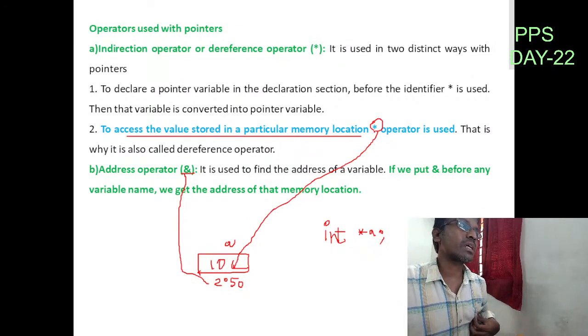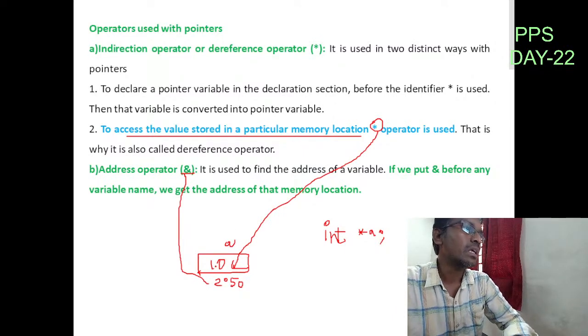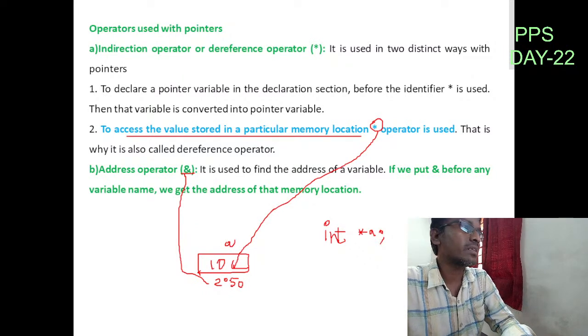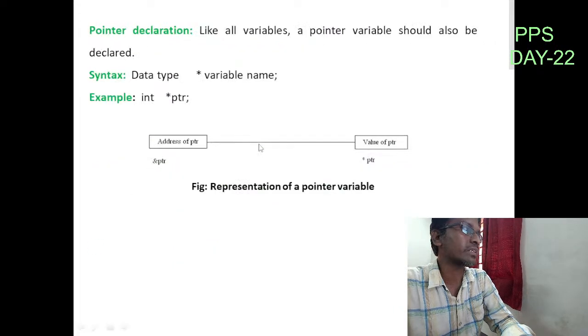I hope you understand what I am saying. With the help of the star operator, you can display the values of variables, and by using the address operator, you can display the computer memory address. That is the difference between the star and address operators. These are the two operators that can be used with pointers.